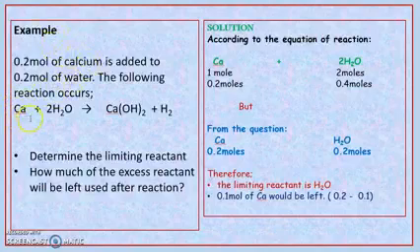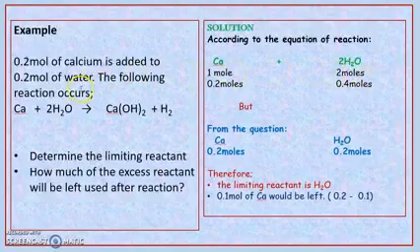According to the equation of reaction, we have only one calcium here, 1 mole of calcium atom, and 2 moles of water. So 1 mole of calcium requires 2 moles of water molecule.